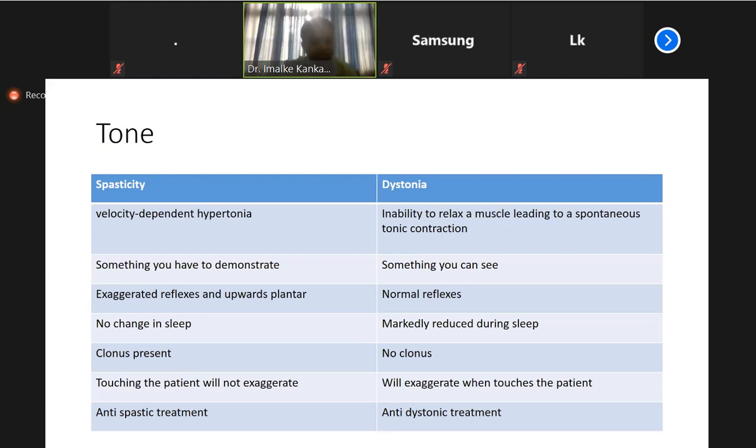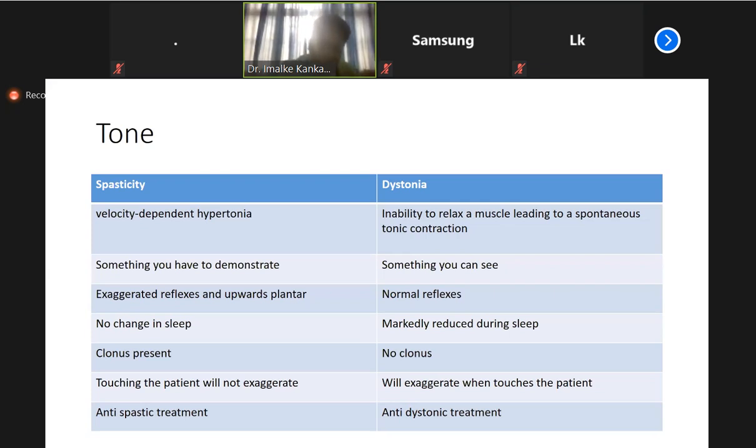Antispastic treatment like dantrolene sodium, botulinum toxins, baclofen, those are important in spasticity management. But in dystonia management, what is important is levodopa, co-careldopa, co-beneldopa, that kind of thing.